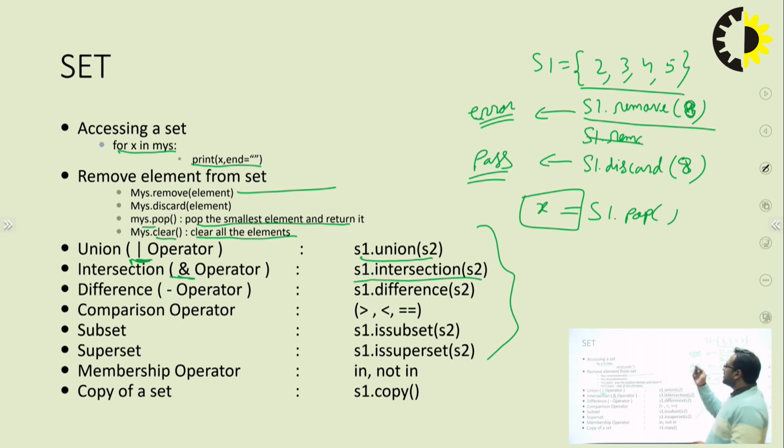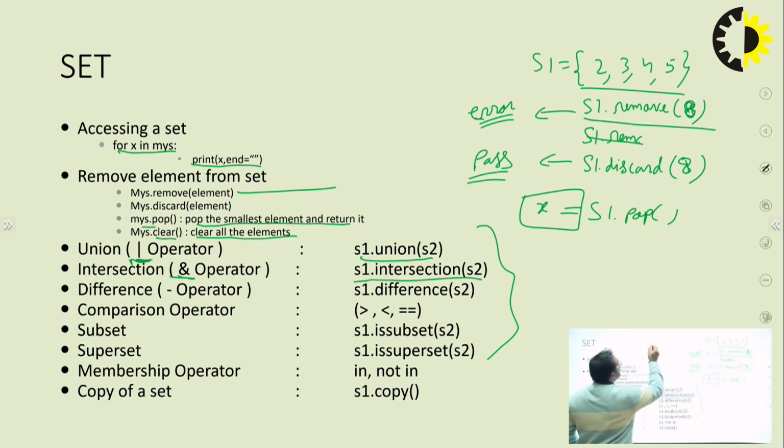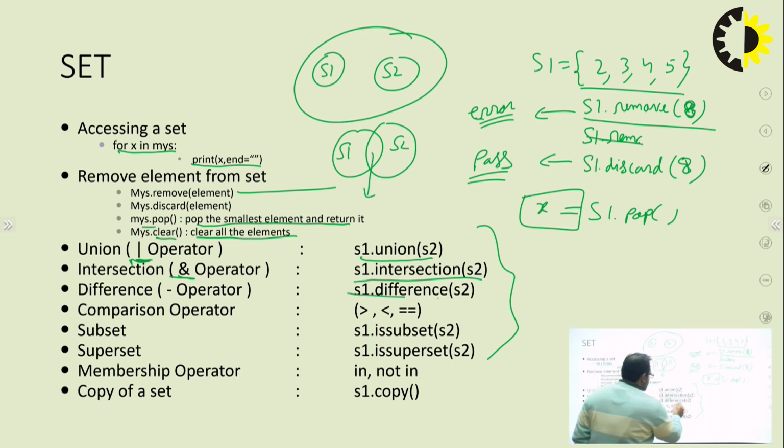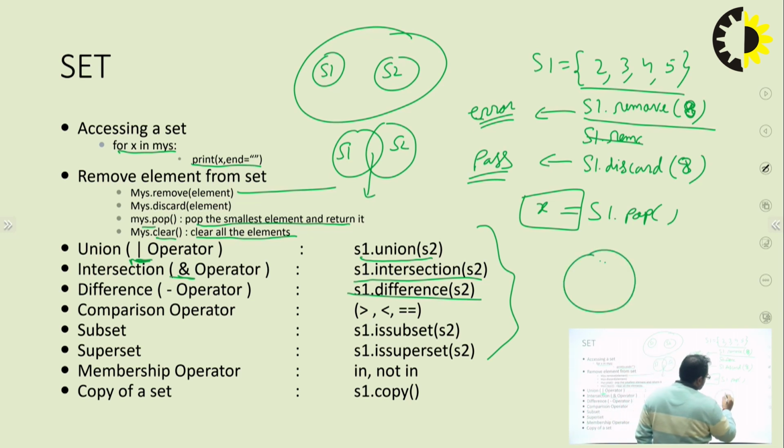Suppose S1 is this set, S2 is this set. Union is basically the one which has both the elements, right? And intersection is basically this, S1 and S2. So this is a intersection, right? And the difference is that, suppose this is S1 and this is S2.